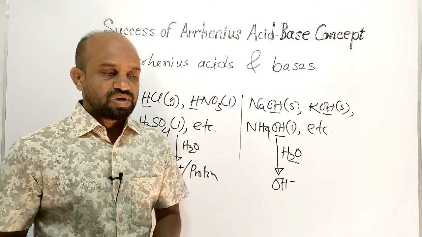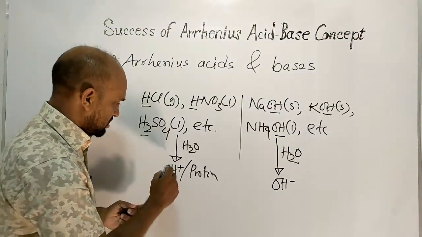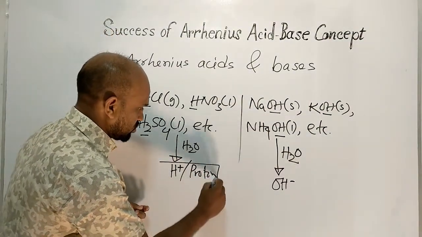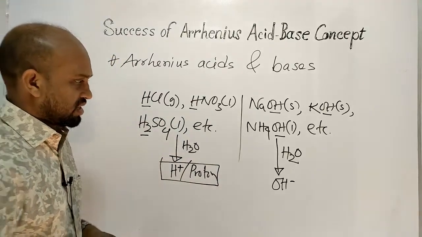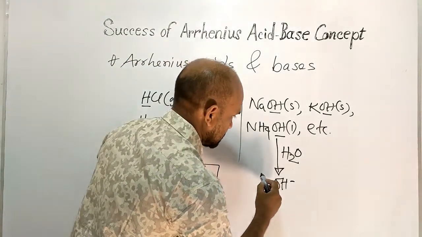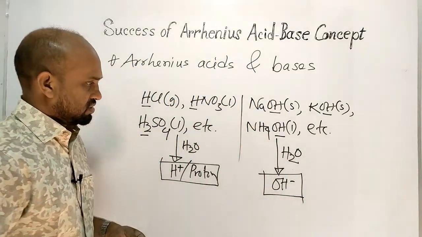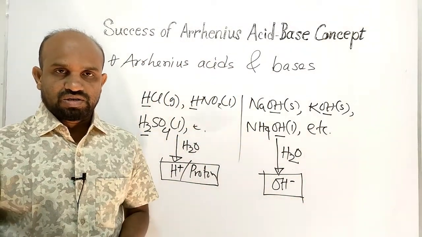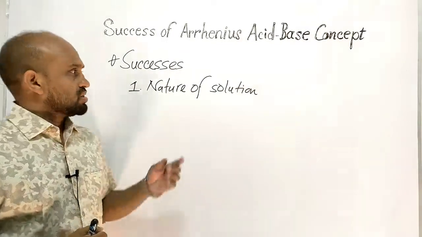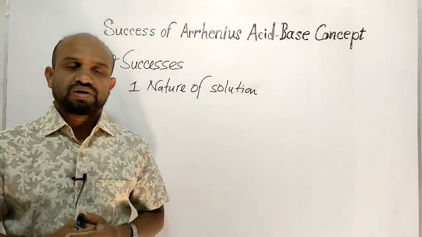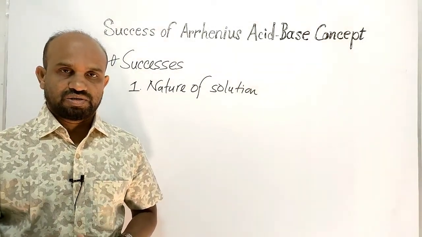So more simply, Arrhenius acid is related to proton and Arrhenius base is related to hydroxide ion. Now let's see the next point. Now the point is successes of the Arrhenius acid-base concept.